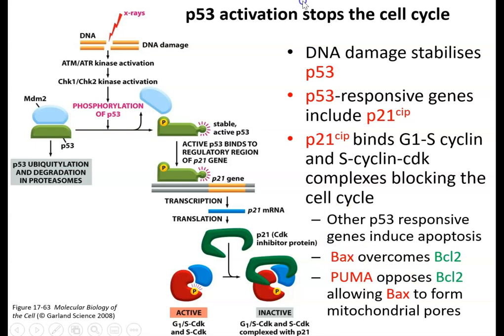So what p53 is doing when it's normally functioning is stopping the cell cycle and inducing apoptosis, and this is why tumours gain a benefit from losing p53 expression. If p53 is non-functional, we don't get cell cycle arrest and we don't get apoptosis.